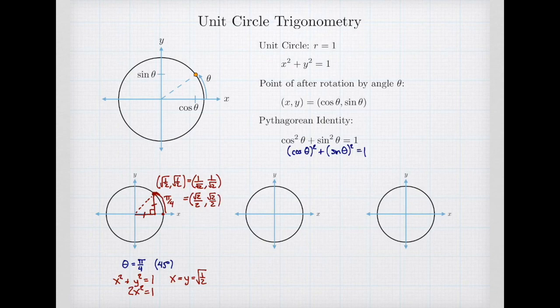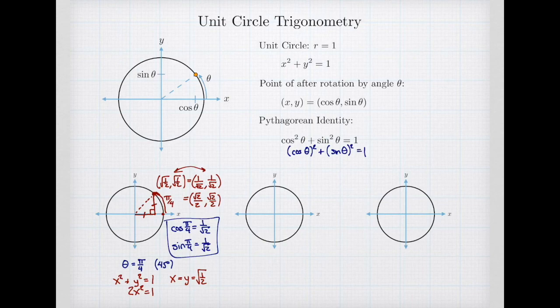I'm perfectly happy with either of the top two. Okay, so the x coordinate is the cosine, and what that means is my cosine of pi over 4 is equal to the square root of a half, or 1 over square root of 2. And the sine of pi over 4 is also square root of a half.